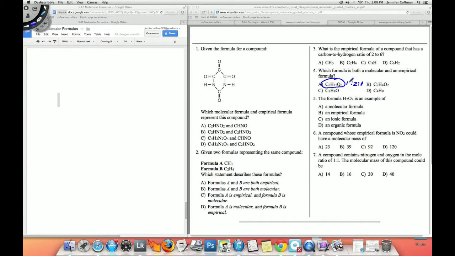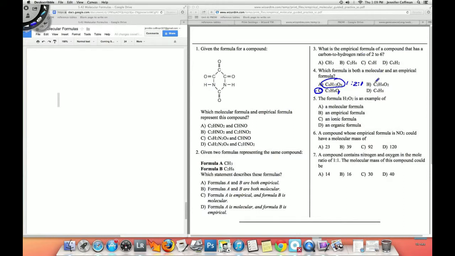If it was empirical, it would look like this, 1 to 2 to 1. C3H8O cannot be reduced any further because there's a 1 here, and we can't make it any smaller than that 1. So this is an empirical formula. Is it also a molecular formula? Yes, it is. It's molecular because empirical formulas are also molecular formulas. And that's kind of where this question went wrong.